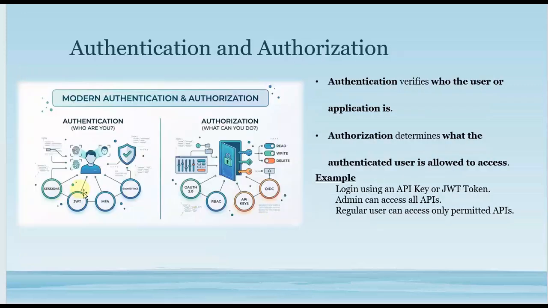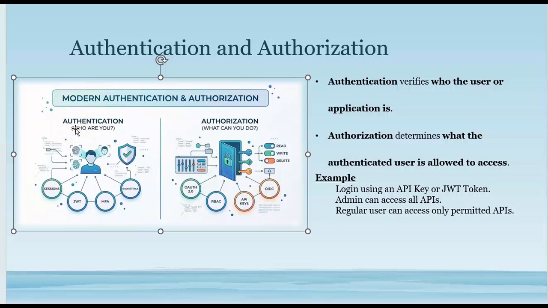And the last one, authentication and authorization. Authentication verifies who the user or application is. Authorization determines what the authenticated user is allowed to access. Look at the picture to understand the difference. On the left side you have authentication, which answers the question: who are you?